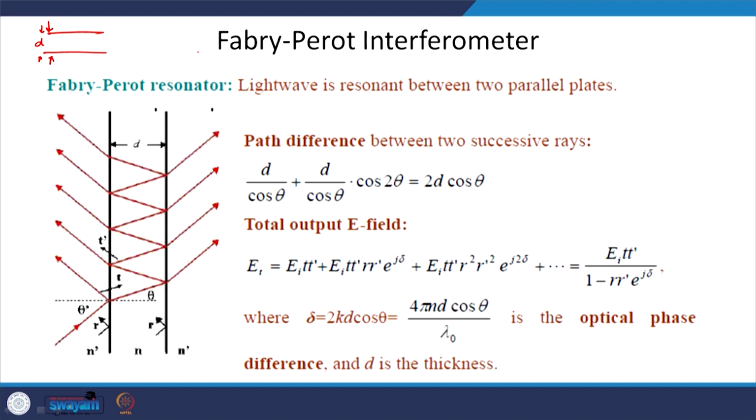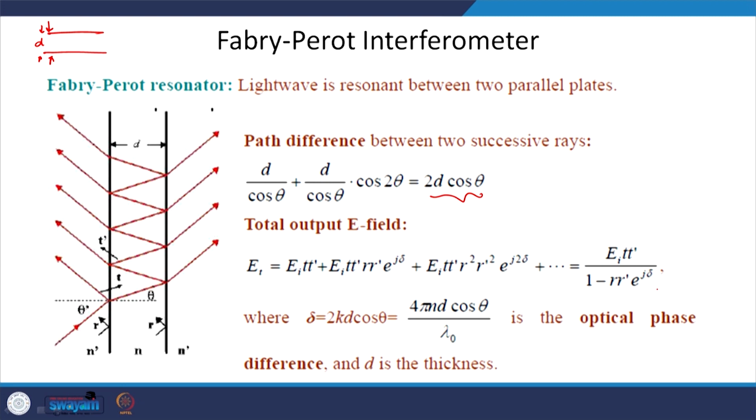Here there are multiple reflections, so we will have a similar kind of fringe pattern, but with more contrast and visibility because of the larger number of reflections. If you consider the path difference between two successive rays, say this one and this one, then it is 2d cos theta.